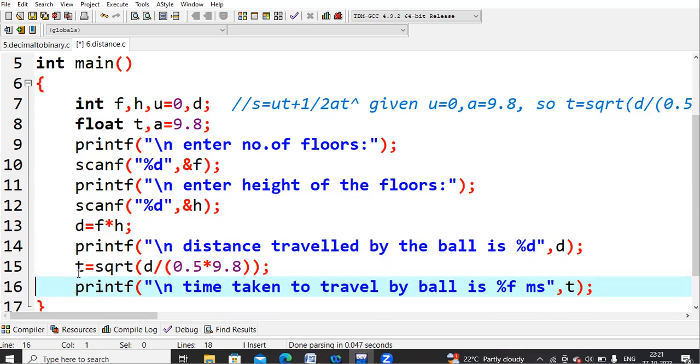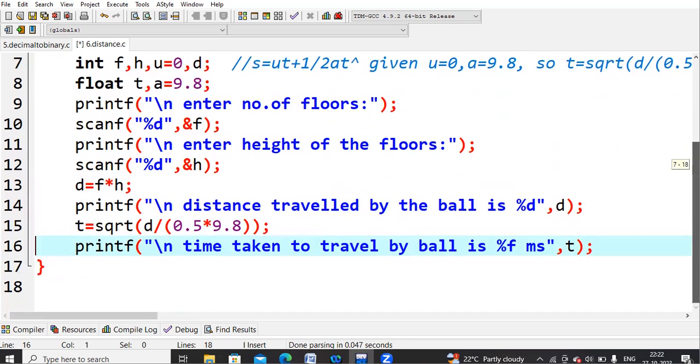Then t = square root of d by 0.5 into a. We already have the value a as 9.8, right? So simply we print t = sqrt(d / (0.5 * a)). The same formula is implemented, and we give the time taken by the ball to travel, right? So this is what we are doing.